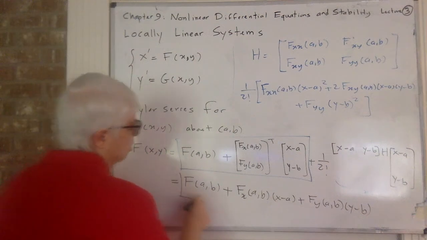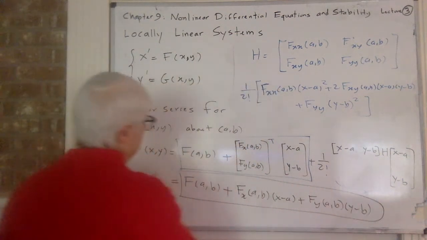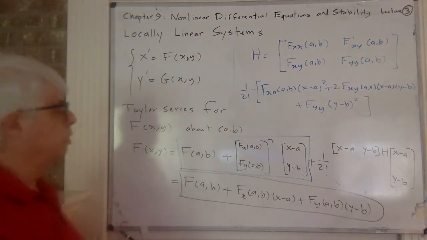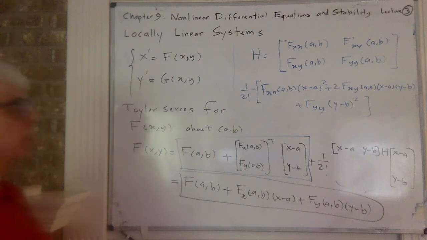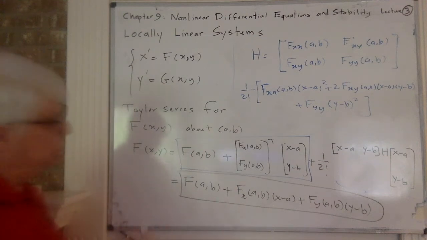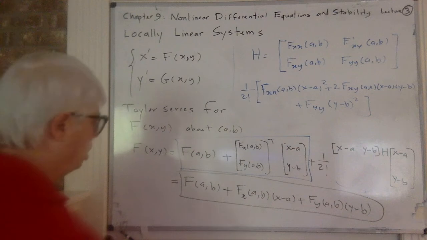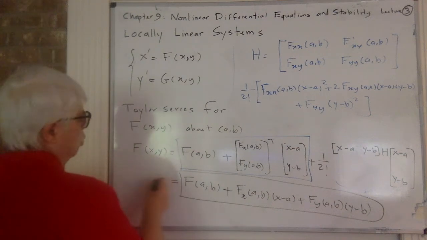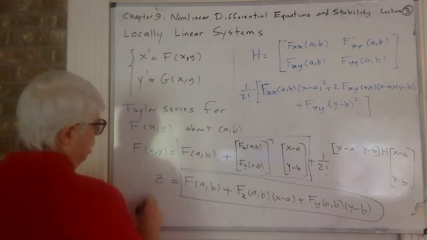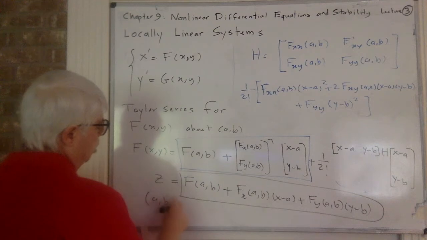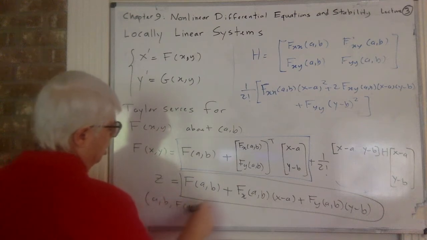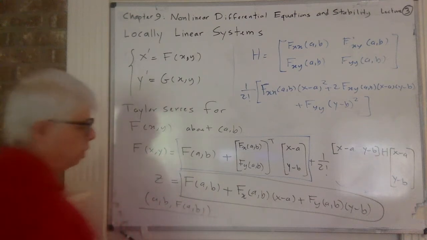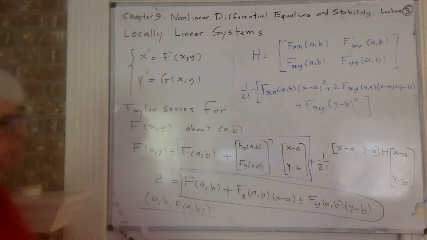This is the equation of the tangent plane. In fact, those of you who remember from Calc 3, this is the equation of the tangent plane. So it is tangent to the surface at point AB. So this z is tangent at the point (a, b, f(a,b)). So it's tangent to the graph at this point.